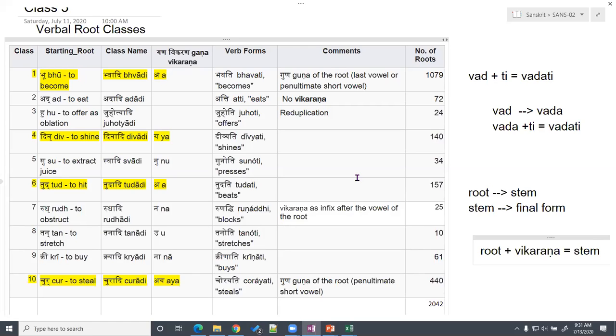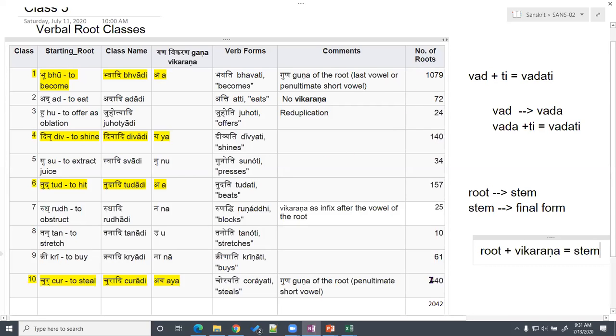So those rules are quite complicated, and it's not always straightforward to make the stem from the root. But in a good number of cases, those rules are very few, and it's easier to understand them and make the stem. Just to understand, it will not apply to all the verbs. I'll explain what those rules are.